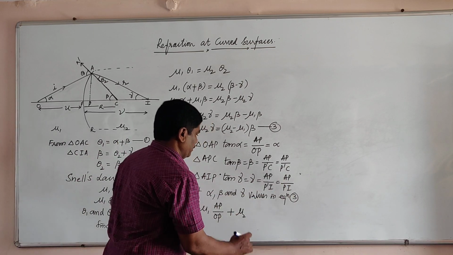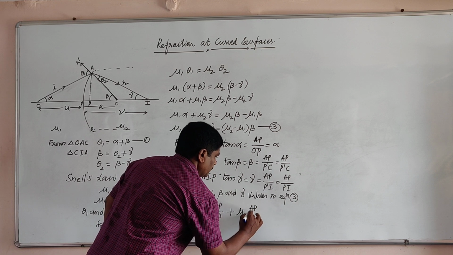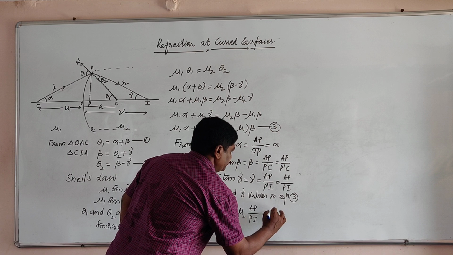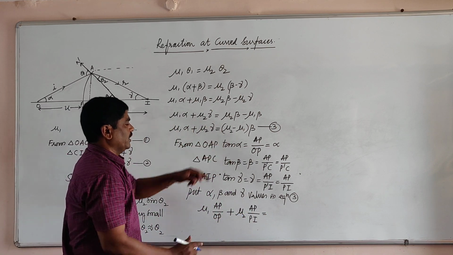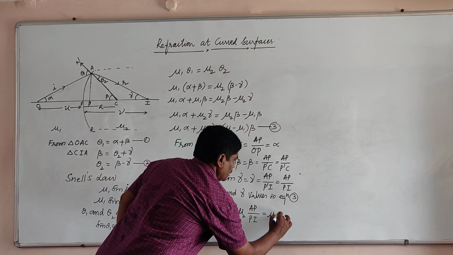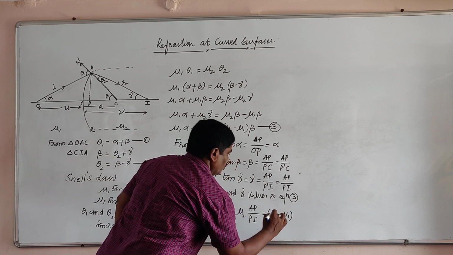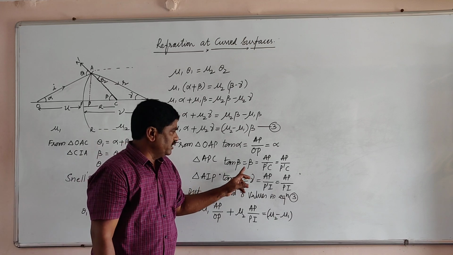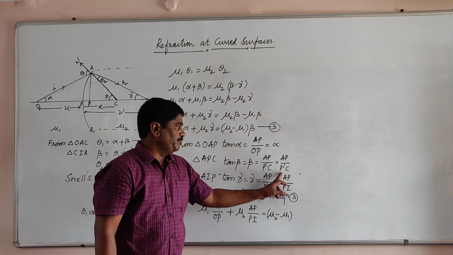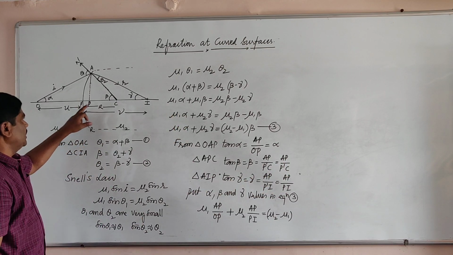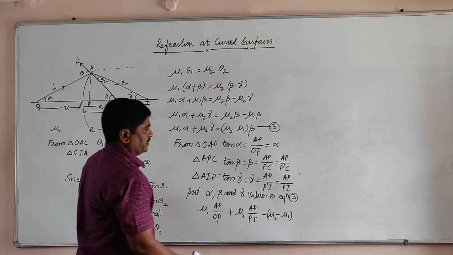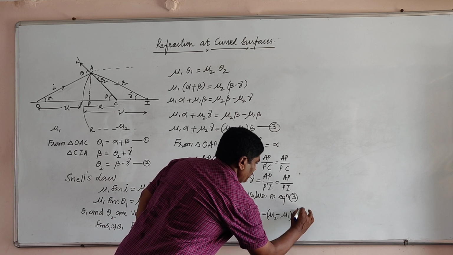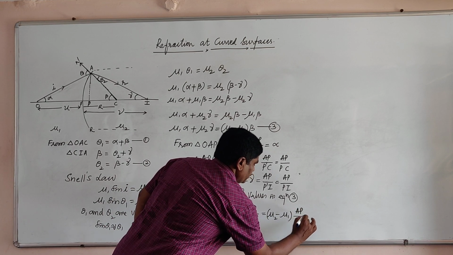Gamma is nothing but AP by PI, is equal to mu2 minus mu1 into beta. Beta value you can take: beta is nothing but AP by P dash C, and P dash C is nothing but PC. So therefore AP by PC.